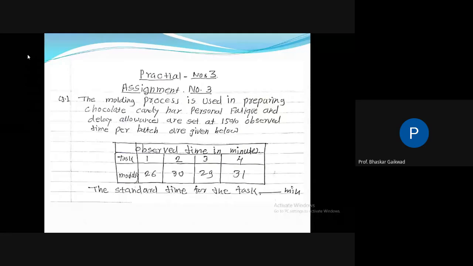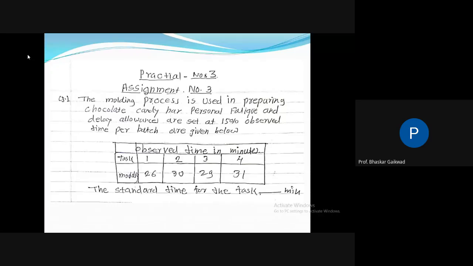And this normal time plus your allowances. Allowances are set at 15% of observed times. Whatever the observed time is here, take 15% of it and you can calculate the same. So this is about the question. Around 40 minutes, like this, my answer is coming.